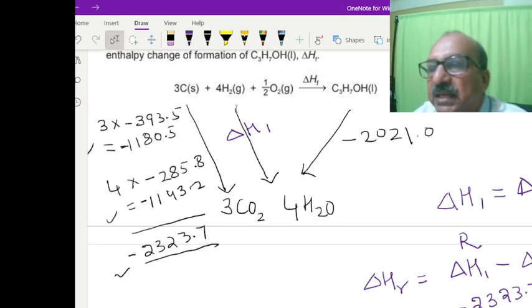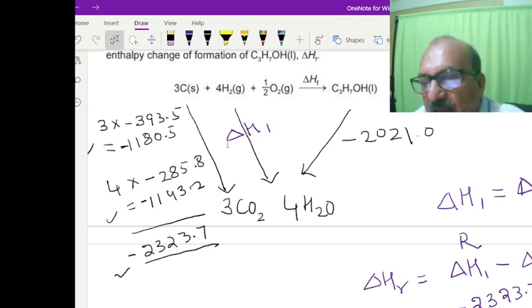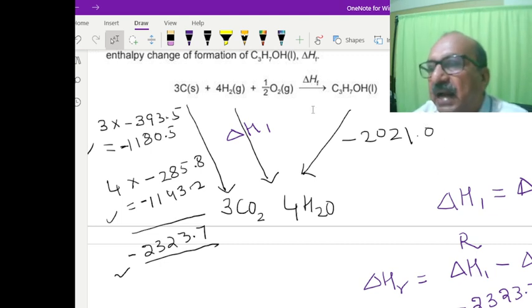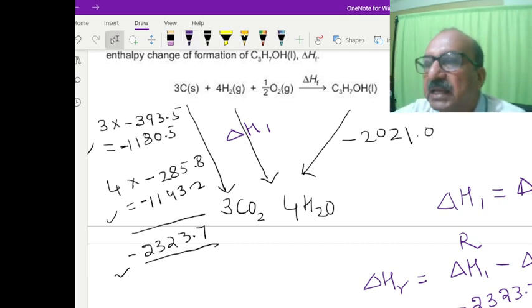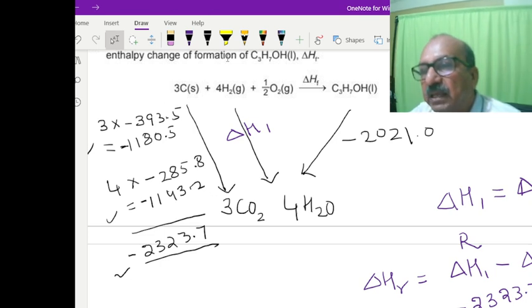So you can see here that this delta H1 is equal to delta HF, which I can call a reaction or a formation. Here I can say it is a formation. So delta H1 is equal to delta HF plus delta H2.